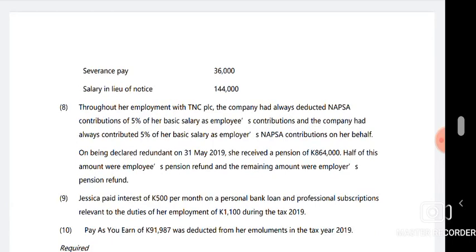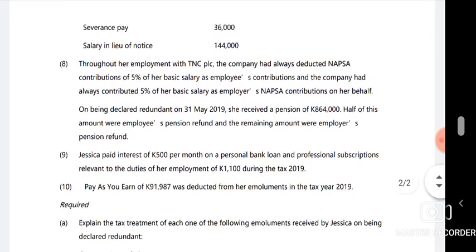8. Throughout her employment with TNC PLC, the company had always deducted NAPSA contributions of 5% of her basic salary as employee contributions, and the company had always contributed 5% of her basic salary as employer NAPSA contributions on her behalf.